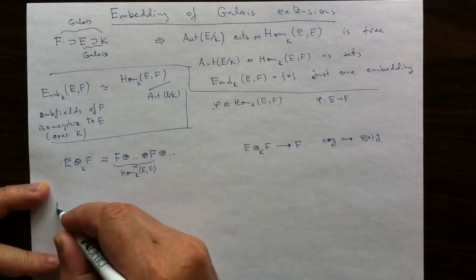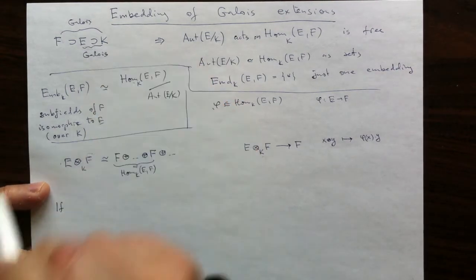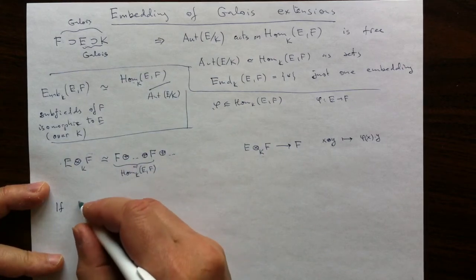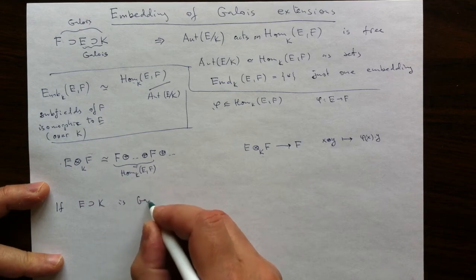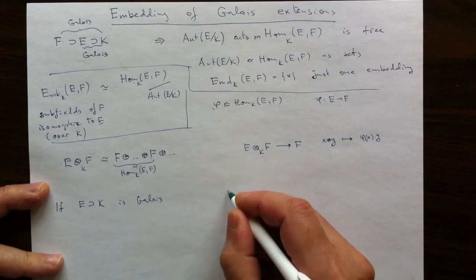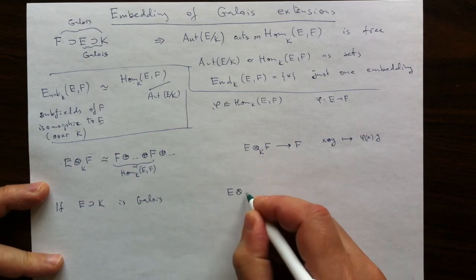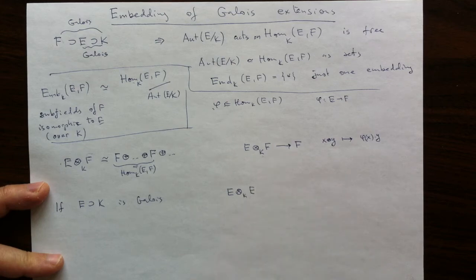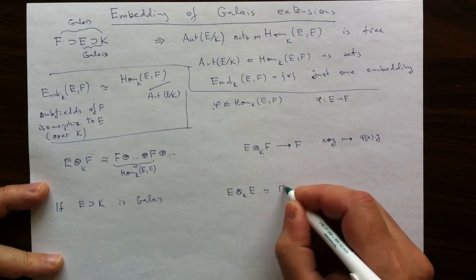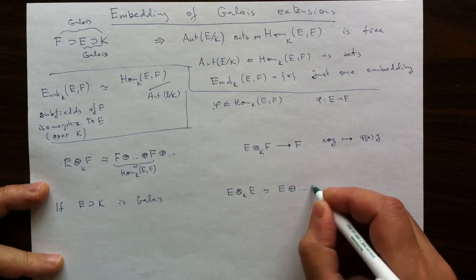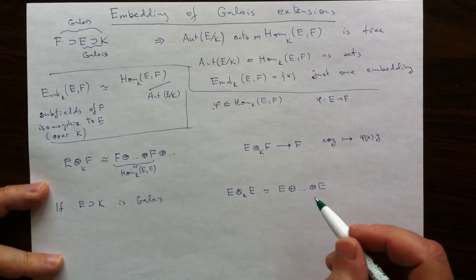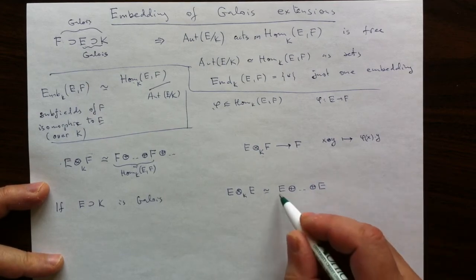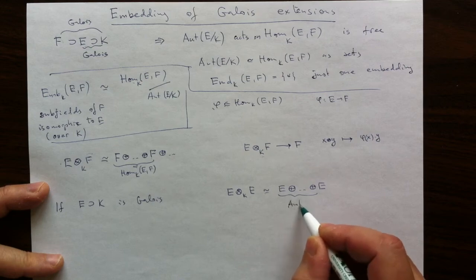Now let's use the condition we have that the extension E is Galois. If E is Galois, that is equivalent to saying that the tensor product of the field with itself over K is, in the Wedderburn decomposition, just the direct sum of copies of E, and we know how many copies we will have here. Well, just as many as the number of symmetries.